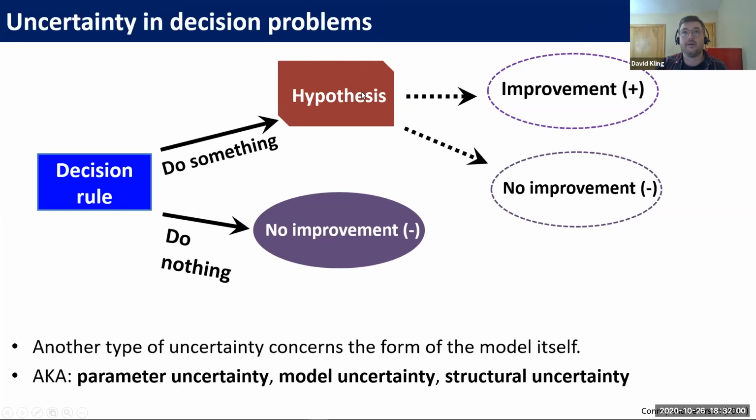Another way of putting this is alternative models. I don't know the probability that doing something will lead to improvement or no improvement. I don't know the model that links my action to outcomes. This is a key source of uncertainty for adaptive management models, and it's a focus of a lot of our work.